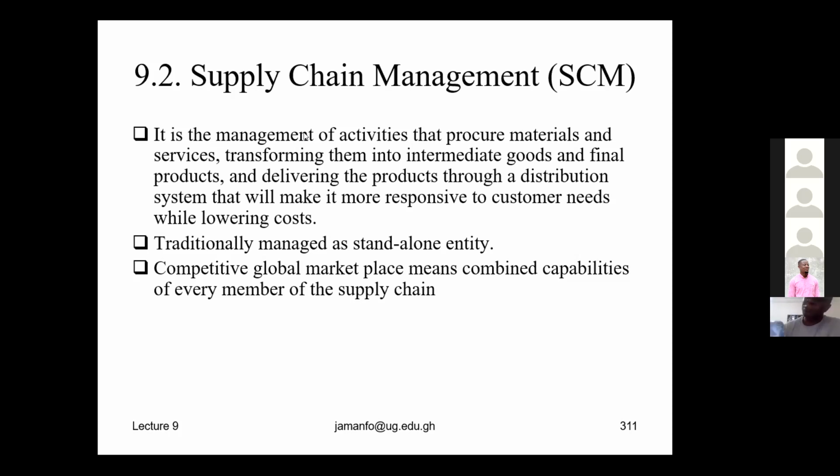Now, coming back to my Walmart example, when Walmart scans this product off their shelf, instantly the manufacturer, the producer of this product gets that information that one of my products is sold, and look at all their outlets. So whenever any of this product is sold, the supplier gets the information.